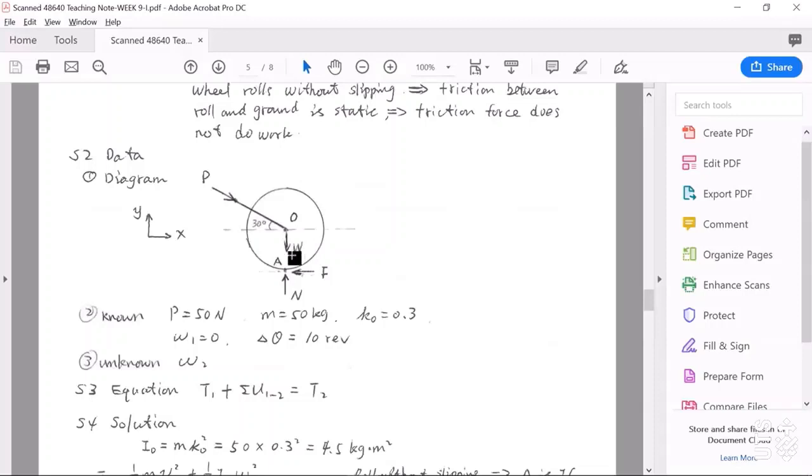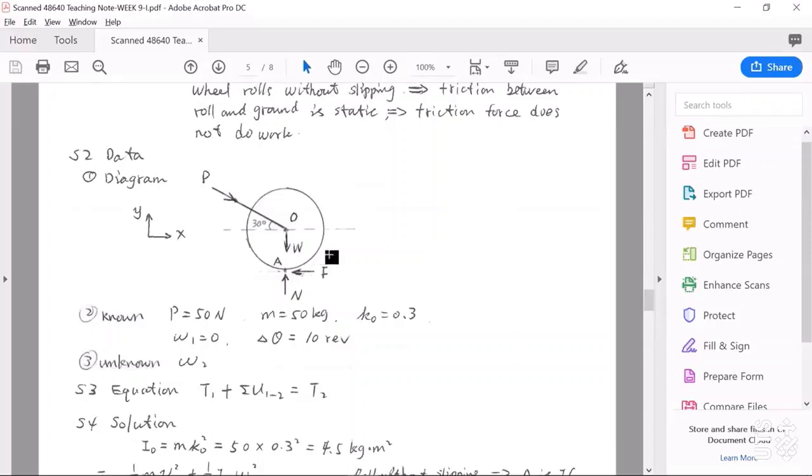This is the free body diagram, and we define this coordinate system. And here, external force P, weight force W acting at this circle center, also the mass center point O. At the contact point between this wheel and the ground, we have reaction force N and the static friction force F.